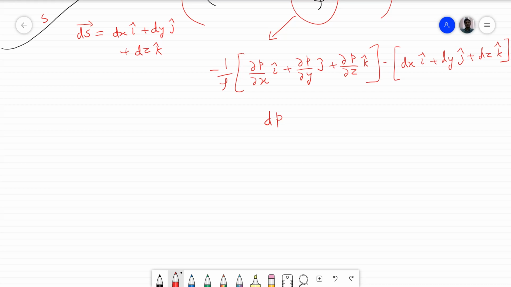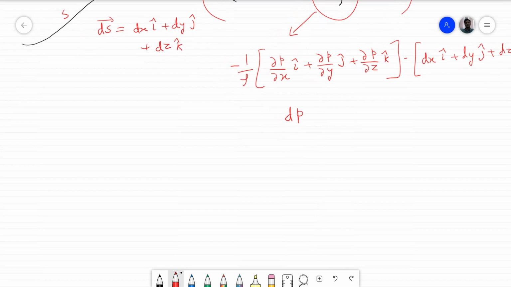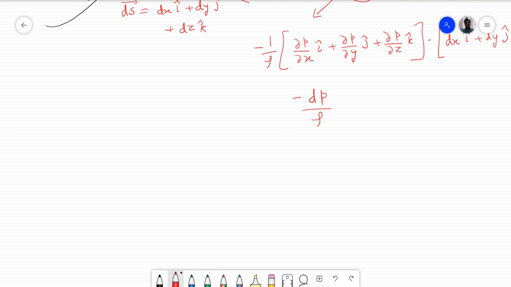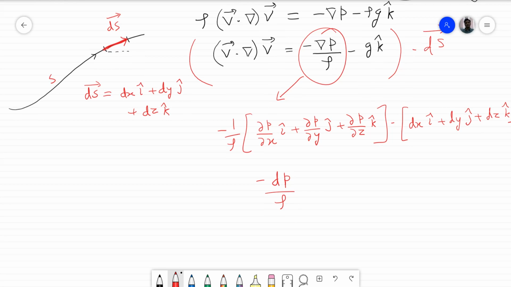So this is the definition of total derivative. So we get minus dp by rho. What we did here was minus del p by rho dot ds, which gave us minus dp by rho.